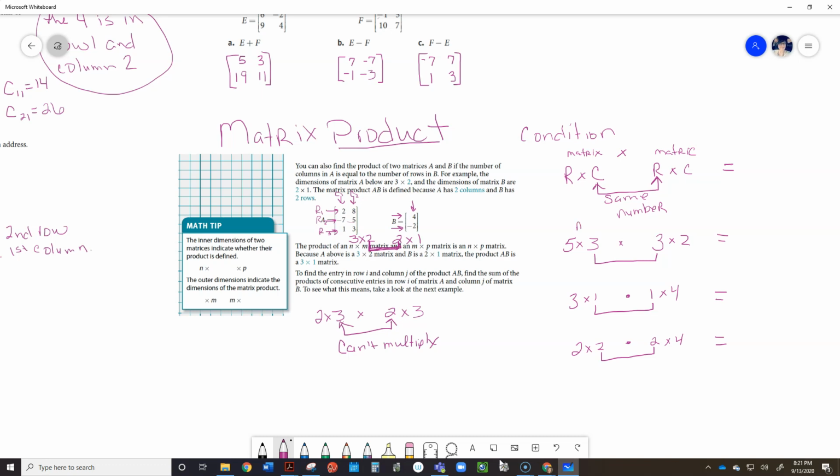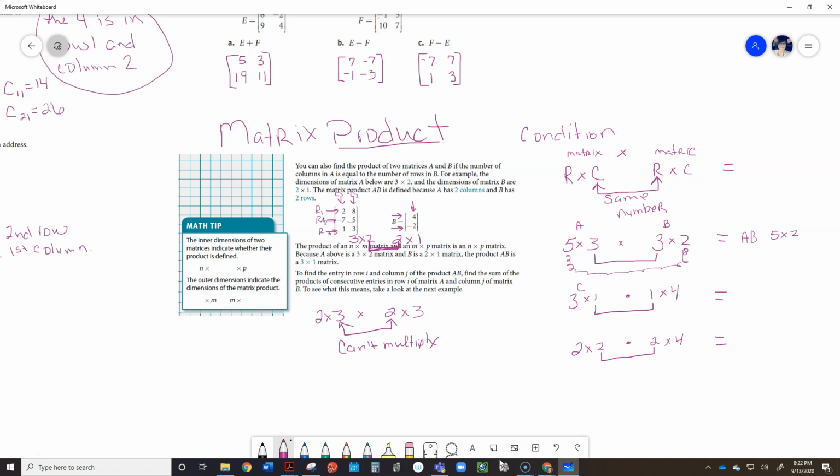So in other words, if this is matrix A and this is matrix B, then matrix AB, the product of those two, is going to be a 5 by 2. And the reason it's a 5 by 2 is because the answer matrix is going to have the number of rows of this one and the number of columns of this one. So the AB matrix is going to be a 5 by 2.